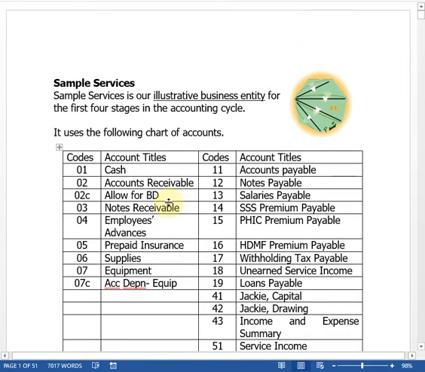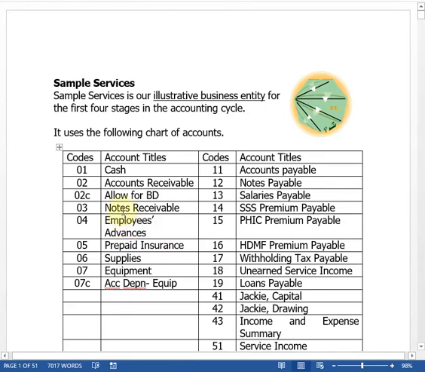But for journal entry purposes, when a sample quiz or an assignment case is given and there's no chart of accounts presented, then when you make a journal entry, you can use an account title that is applicable to the particular transaction.